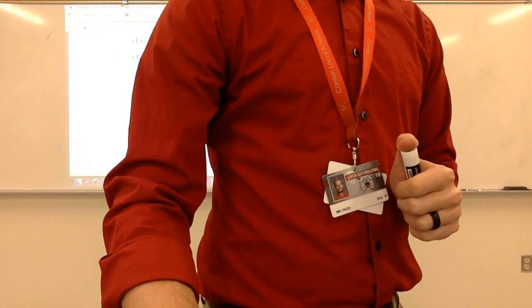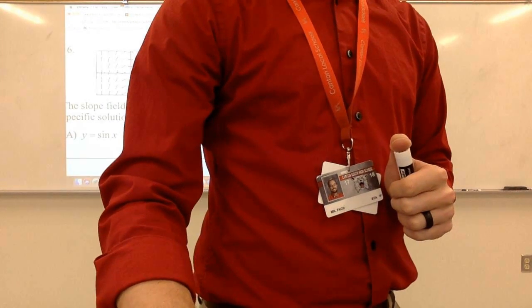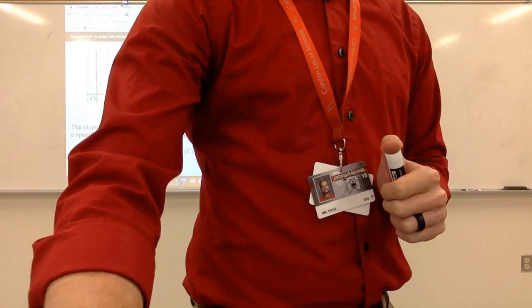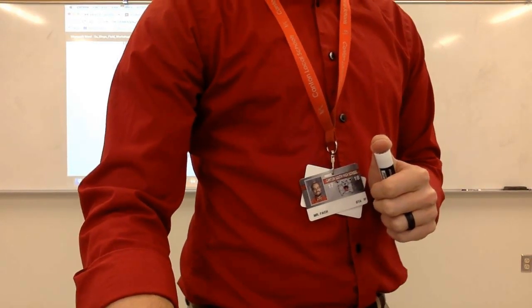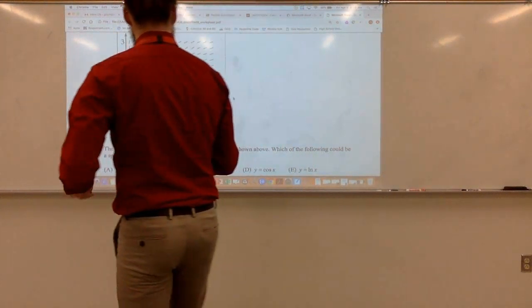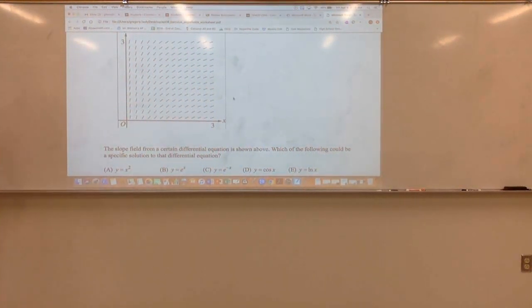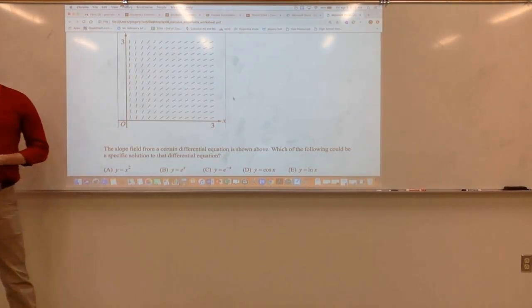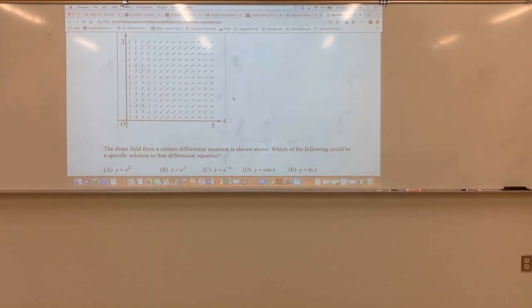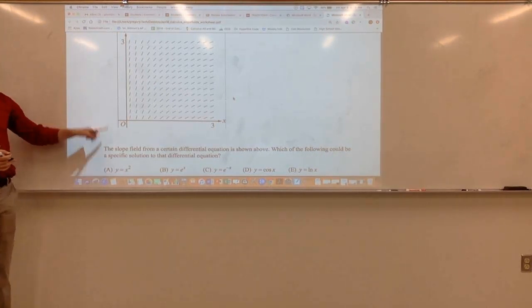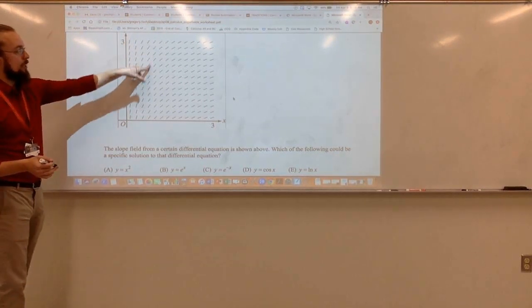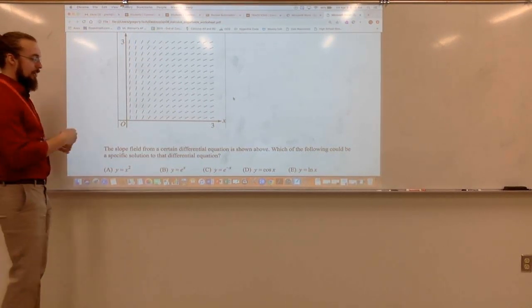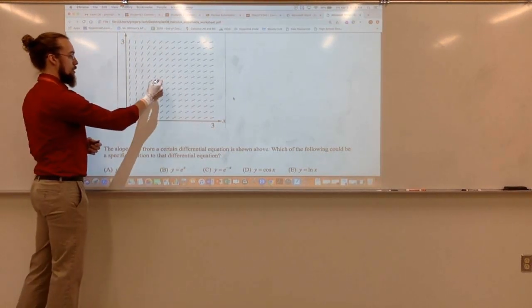Alright. So, 15 and 16 asked, here's a slope field, what could be a solution? Meaning, what could this be a picture of? Right? So if we're not talking about the derivative, we're not given dy/dx, we're saying, what would y equal here? So on both of these, we kind of have to understand what the parent functions would look like. If x squared, this doesn't really follow any x squared pattern. e to the x would be an exponential that would look like this.